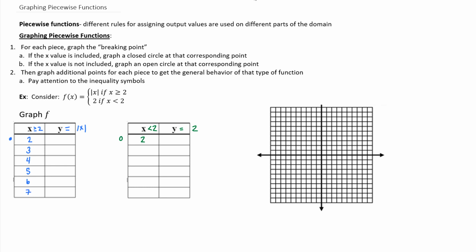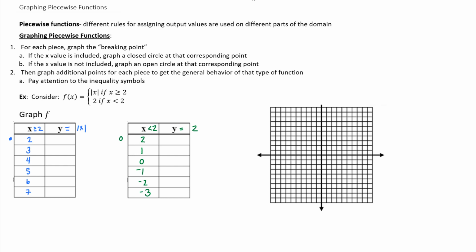For the second piece, if x is less than 2, that means my x values can be things smaller than 2. So 1, 0, -1, -2, etc. And I pay attention to the function as I'm picking my values as well, and I pick my x's intentionally to go with that.